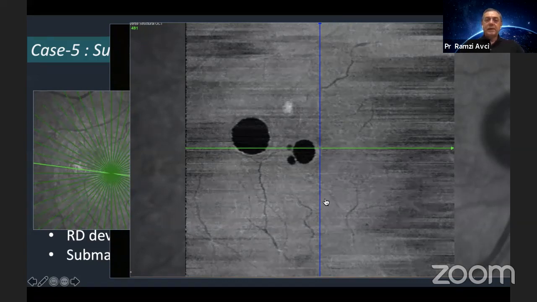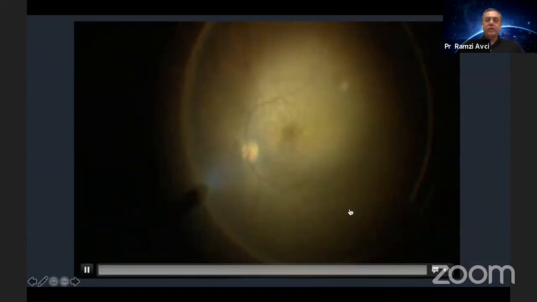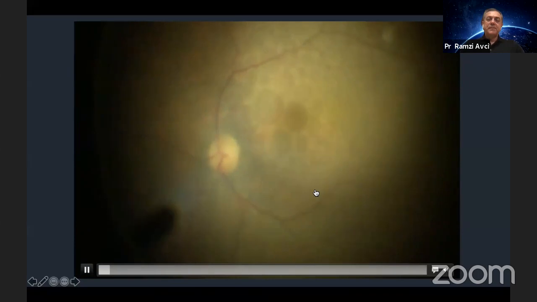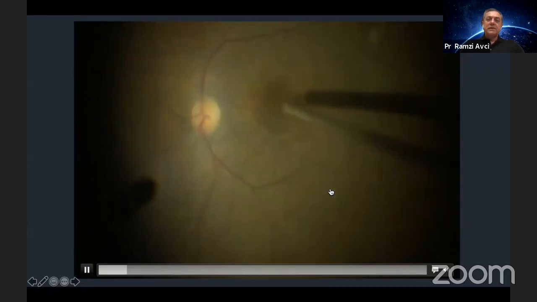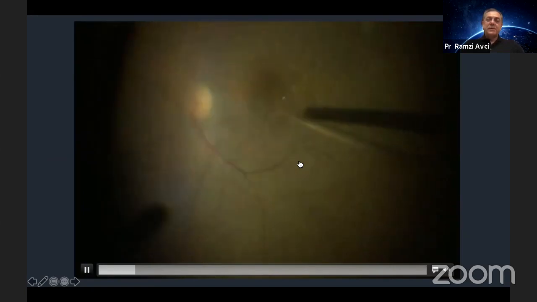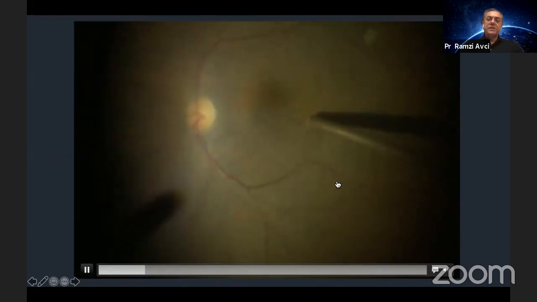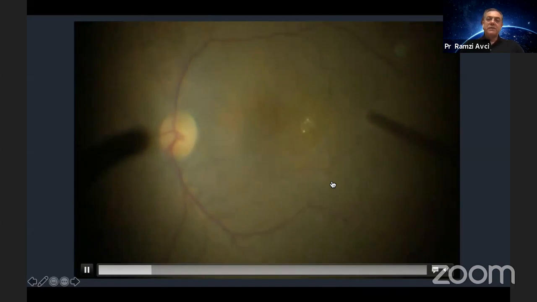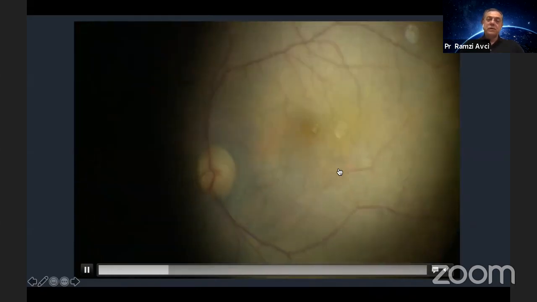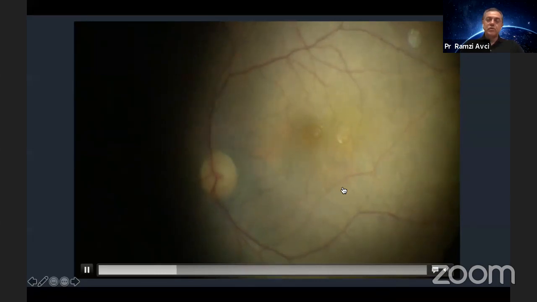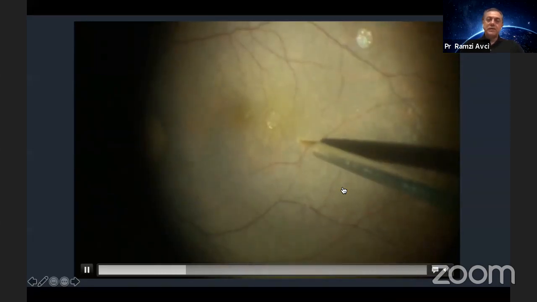And then after surgery, again, multiple PFCL bubbles still remained in the vitreous cavity. This is an AMD patient, and retinal detachment developed after intravitreal injection. The same surgeon applied the retinal detachment surgery, and then the patient was referred with this complication.